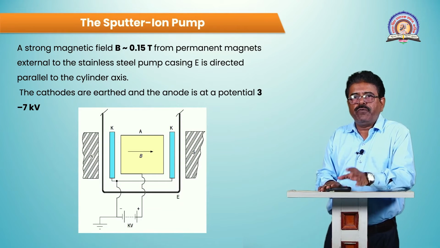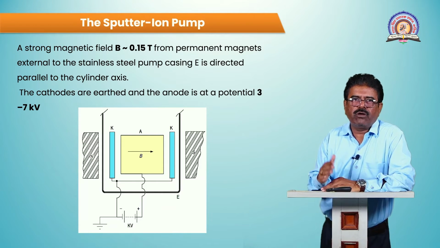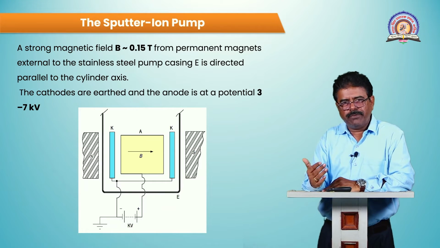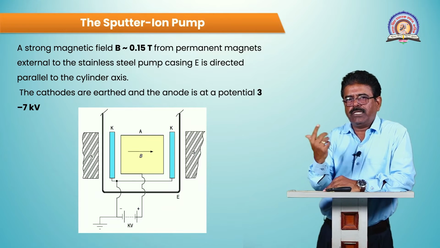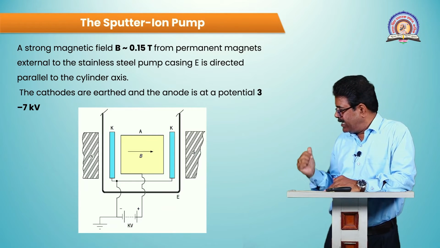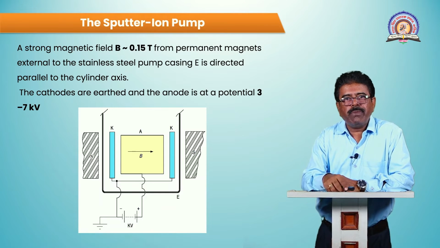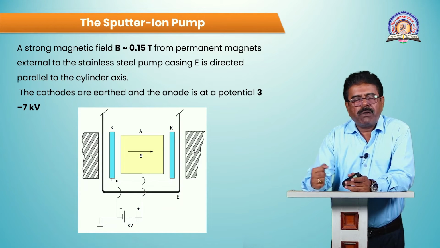Now two types of fields are used in this penning cell, or what we call a sputter ion pump. We use the magnetic field as well as the electric field. On the two sides, you can see symbolically I have shown the magnetic field here, north pole and south pole. A strong magnetic field of the order of 0.15 Tesla is applied with the help of a permanent magnet.